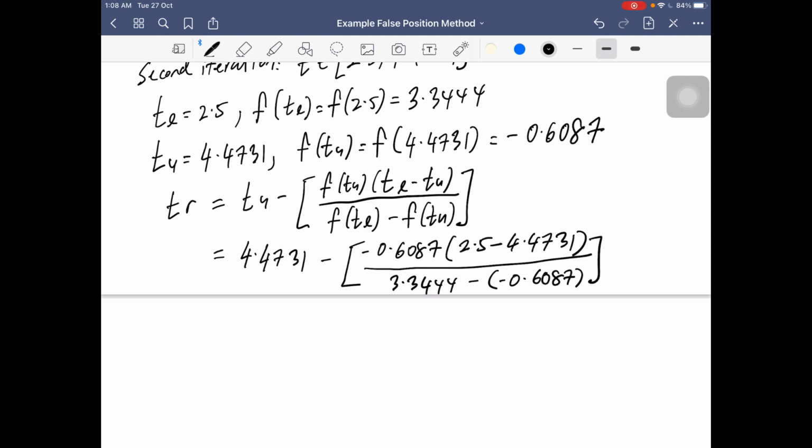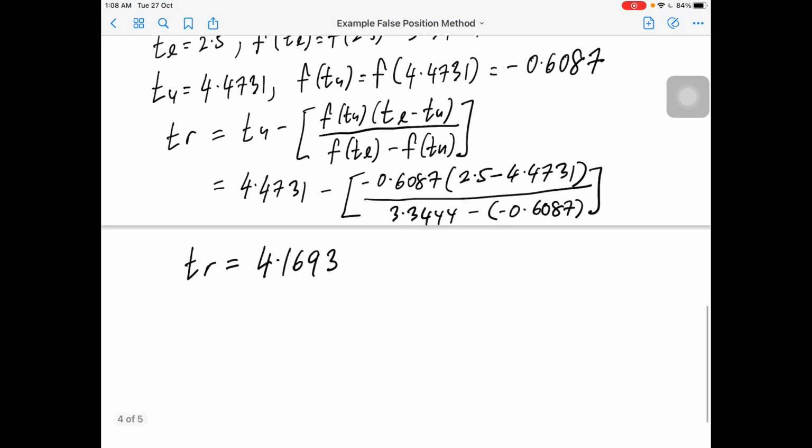Okay, so if you use your calculator, you should get TR equal to 4.1693 in 4 decimal places.